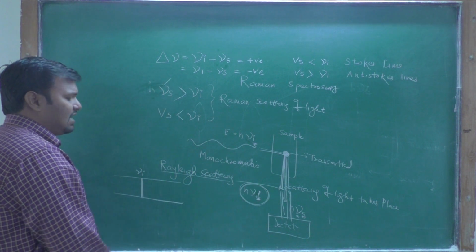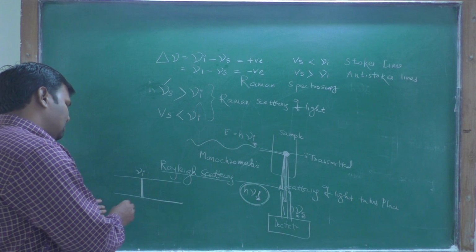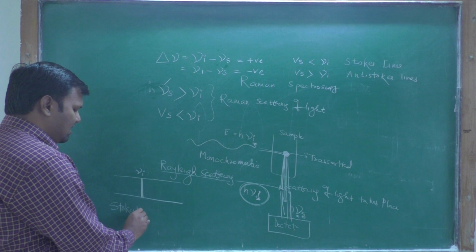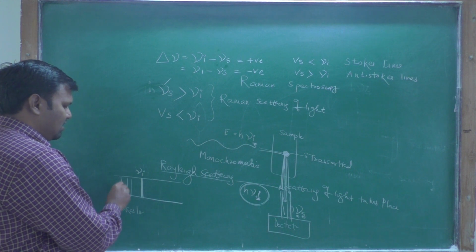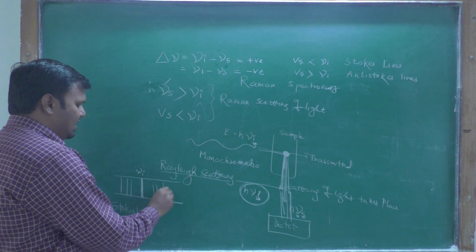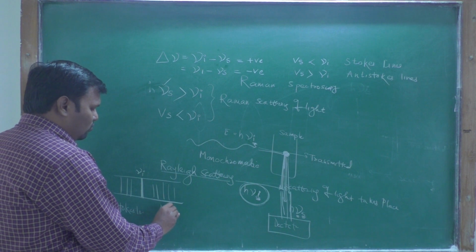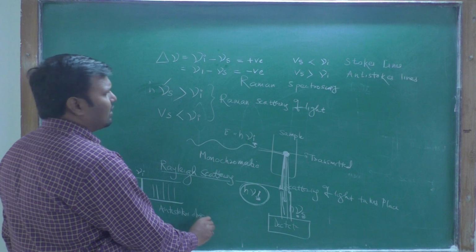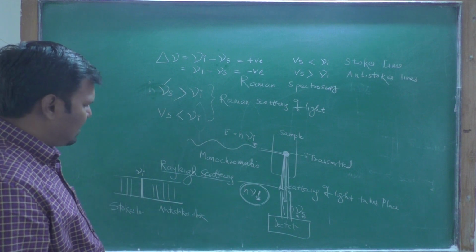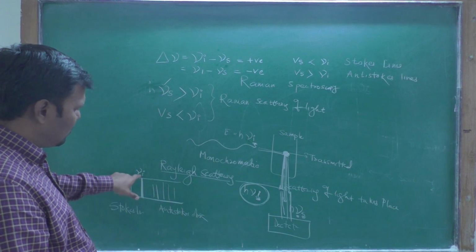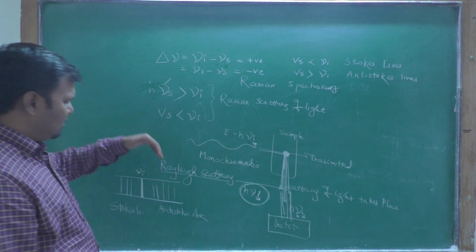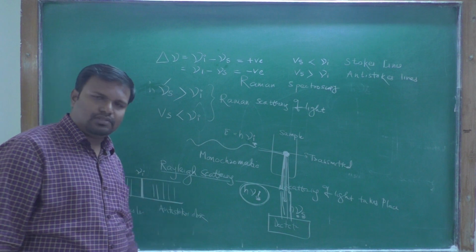Therefore that is the Rayleigh line. On this side the Stokes lines are observed, and on the right hand side the anti-Stokes lines are observed. Anti-Stokes lines have higher frequency than the incident frequency, and Stokes lines have lower frequency than the incident frequency.